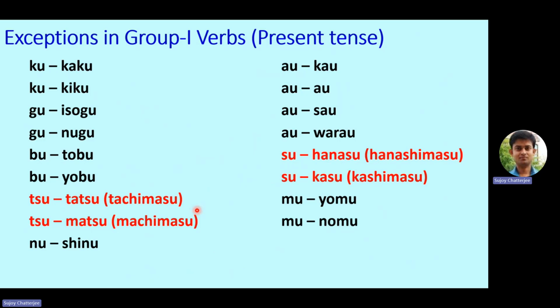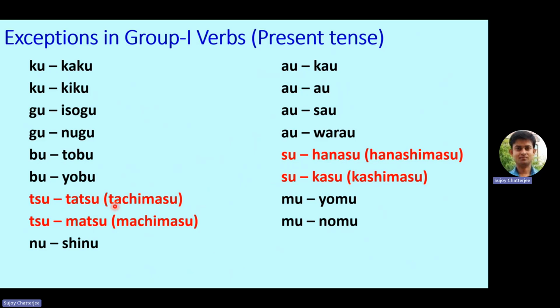As we can see in this slide, there are exceptions for 2 kinds of endings. If the verb ends in tsu, then the masu form becomes chimasu. So tatsu becomes tachimasu, because here it is tsu, the u form of ta chi tsu te to.